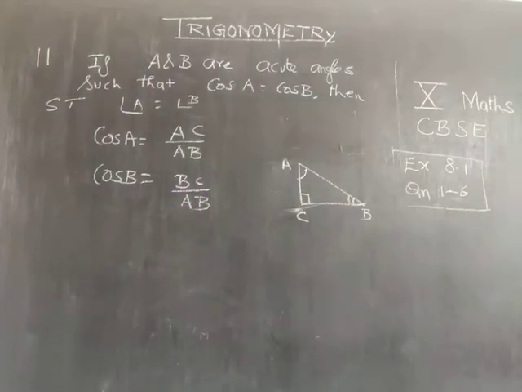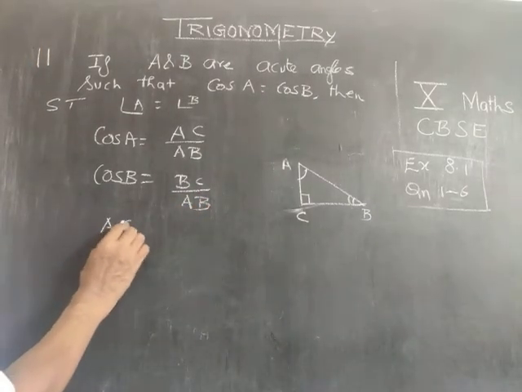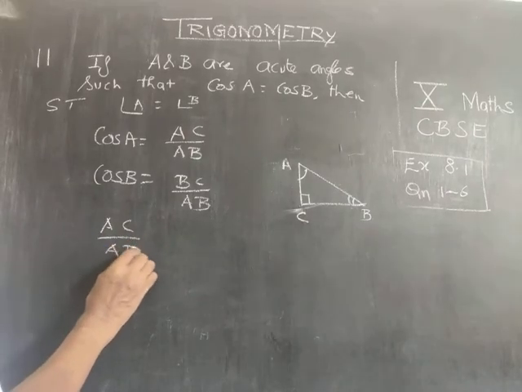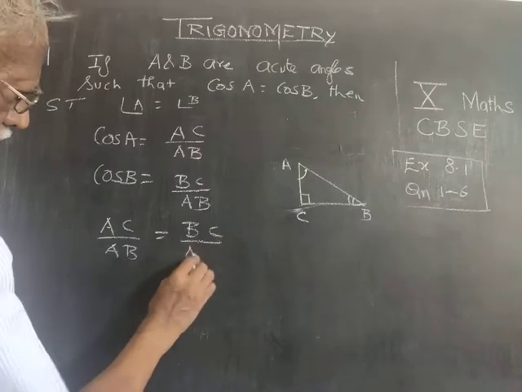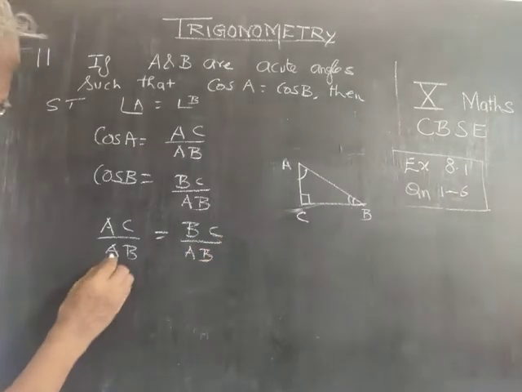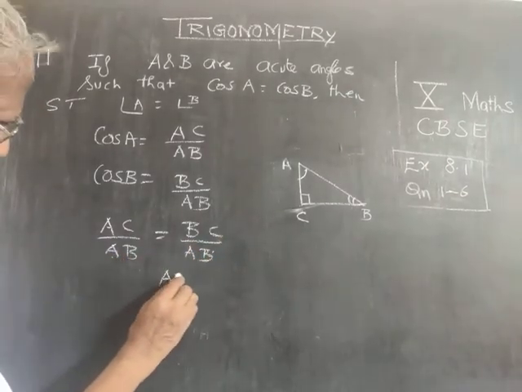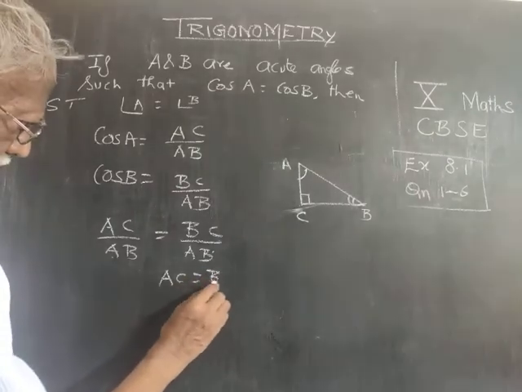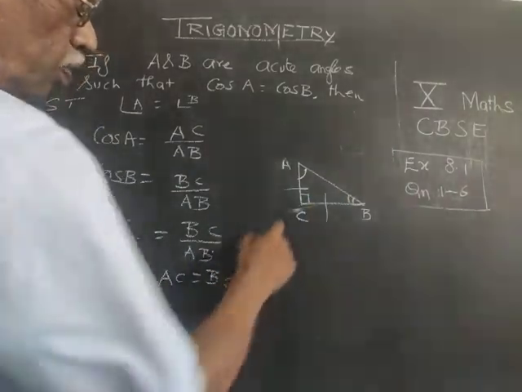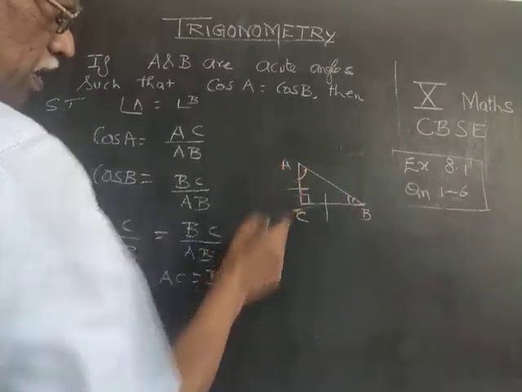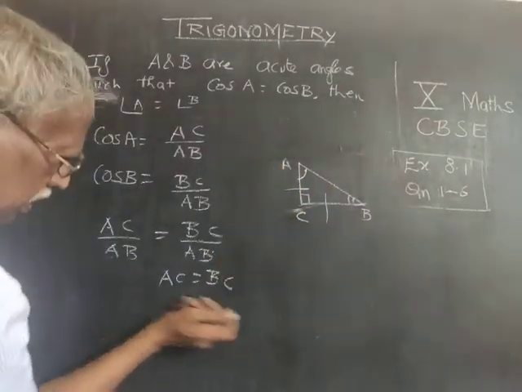What is given? Cos A equal to cos B, which means that AC by AB is equal to BC by AB, which implies that the denominator is the same. Therefore AC equal to BC, that is the sides opposite to angle B and opposite to angle A are equal.